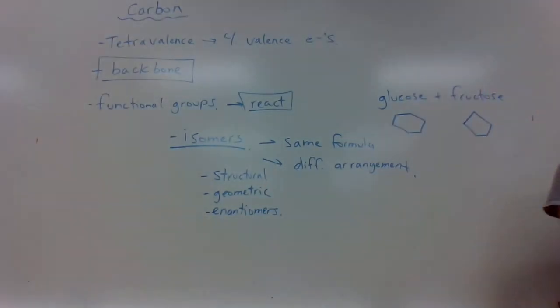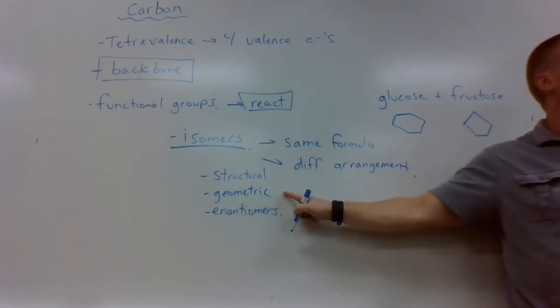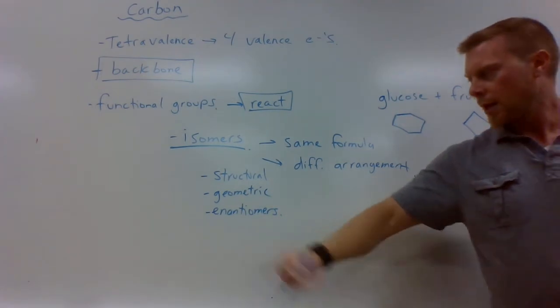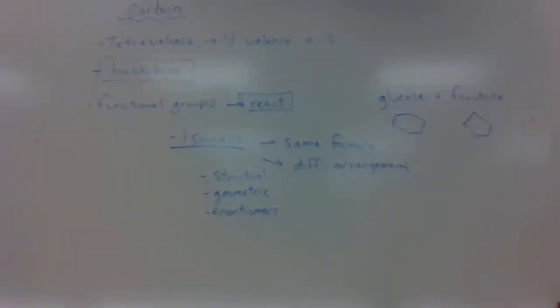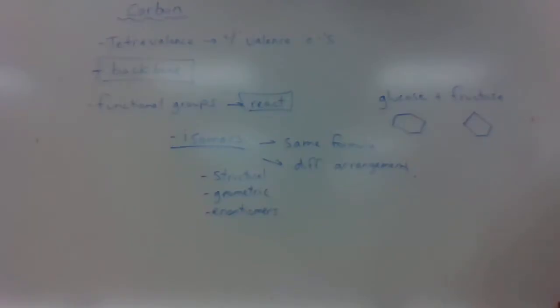In a geometric isomer, the functional groups are arranged differently. Enantiomers look identical superficially, but when you look at them up close, they are mirror images, and they therefore have different properties. Any questions on carbon?